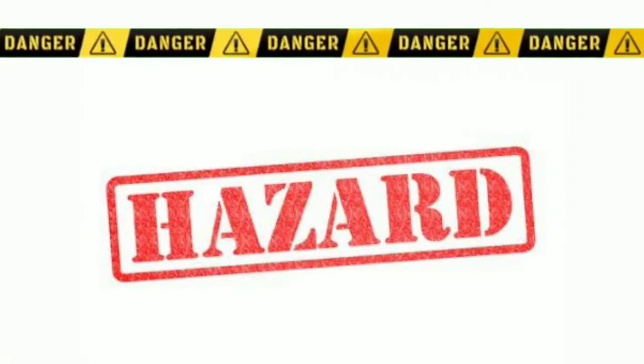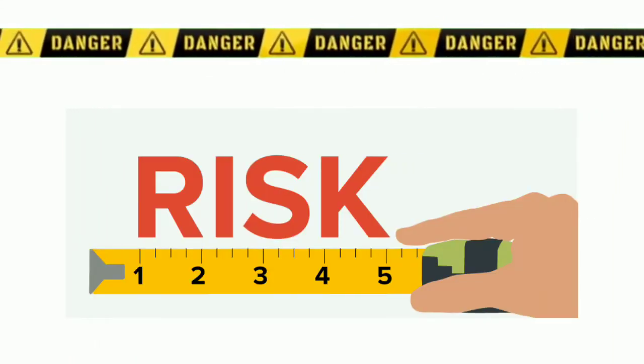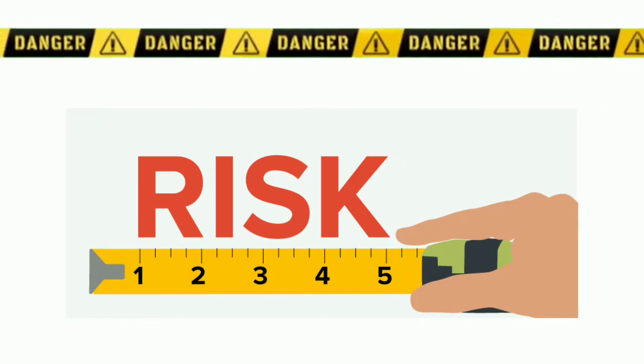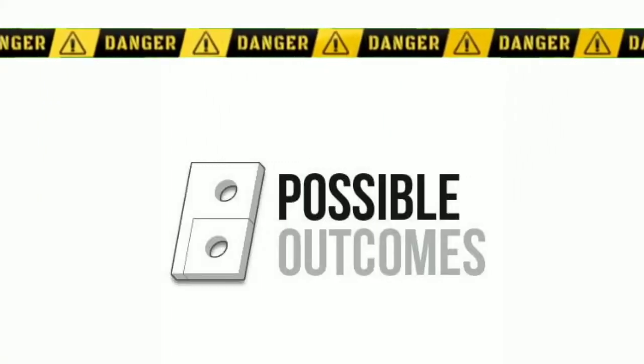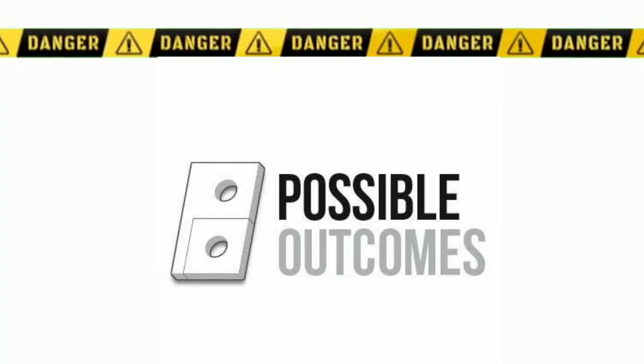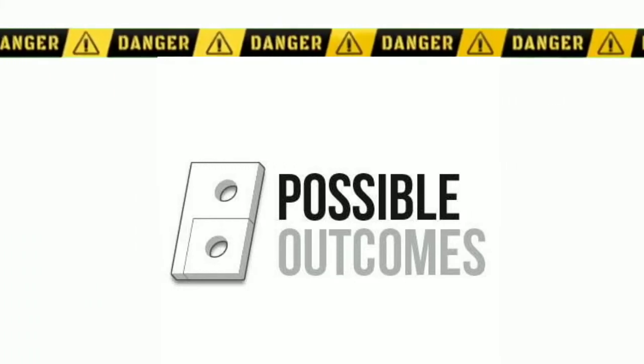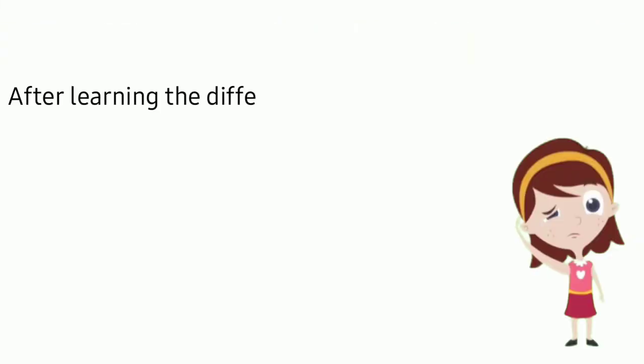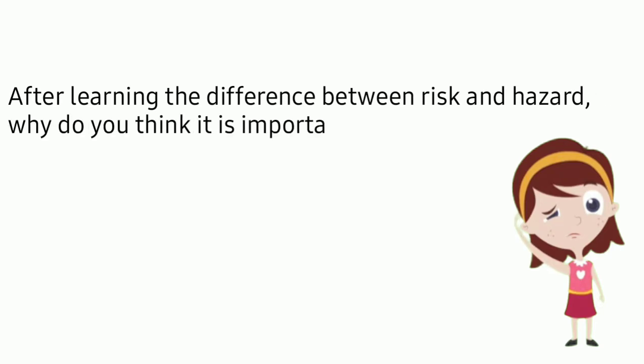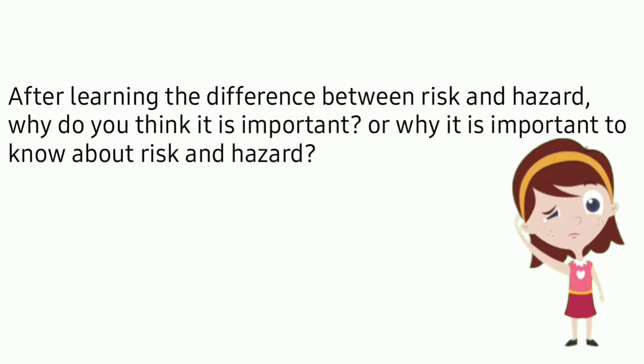So in short, a hazard is something that may cause harm, while risk is about exposing yourself to danger. And the possible outcome is the harm that results from an uncontrolled hazard. After learning the difference between risk and hazard, why is it important to know about them?